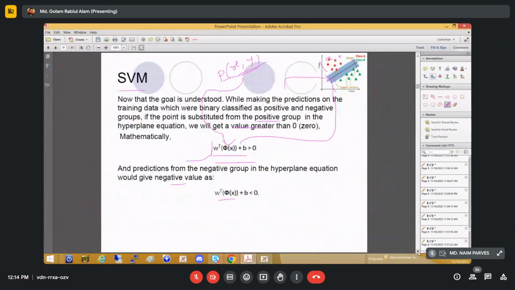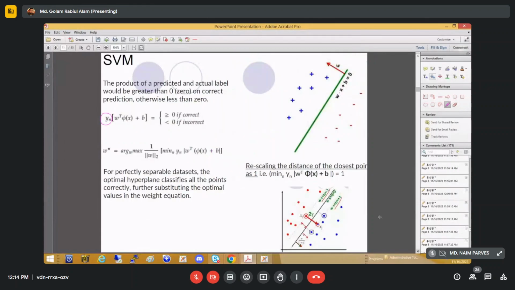We also know the predicted class labels, because we already learned maybe W and phi of X, based on W and X. So this is our hyperplane and this is Y. From the hyperplane we get the prediction, and this is the original.